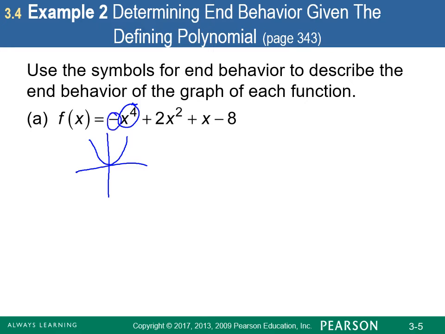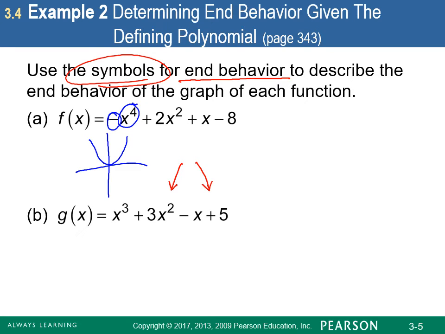However, the minus on the front tells us that it's upside down. Now the symbols that they're talking about using for the end behavior are simply these. This graph is going to be going down on the left and down on the right. So that's how we would answer the problem.